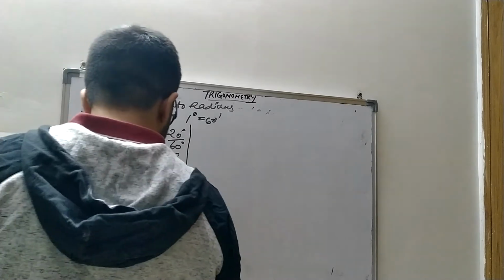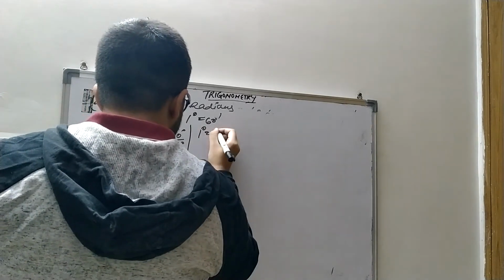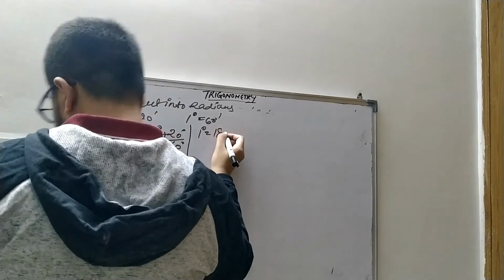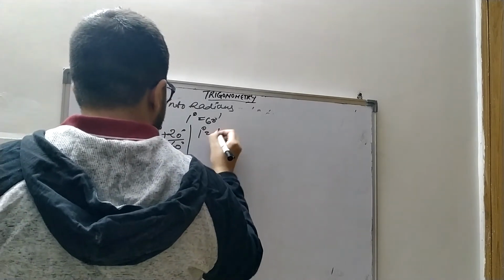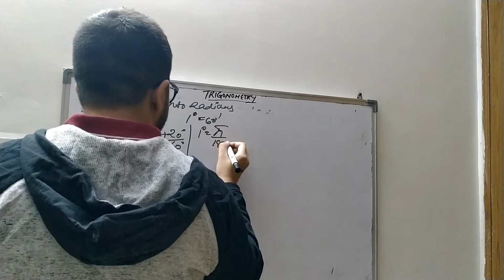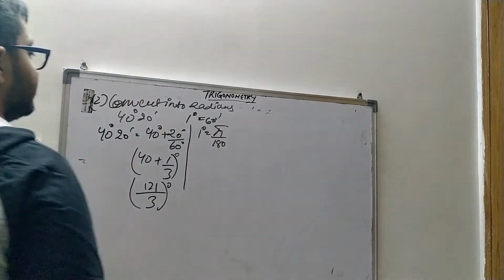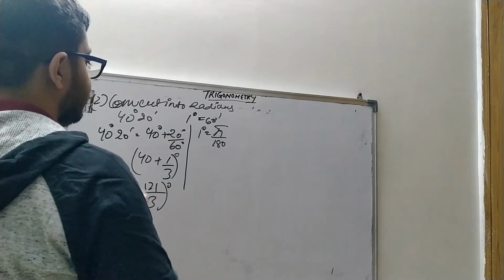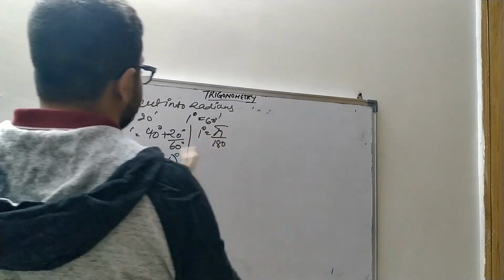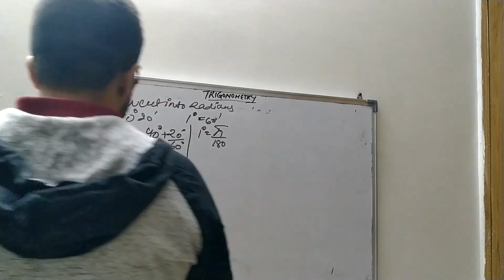And you know that 1 degree is equal to pi upon 180 radian measures.